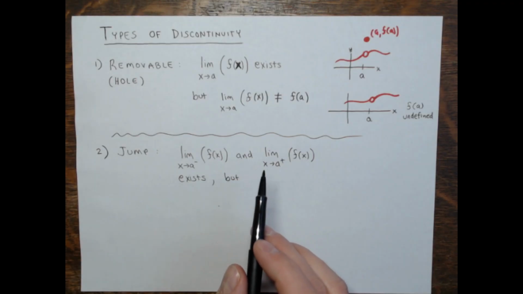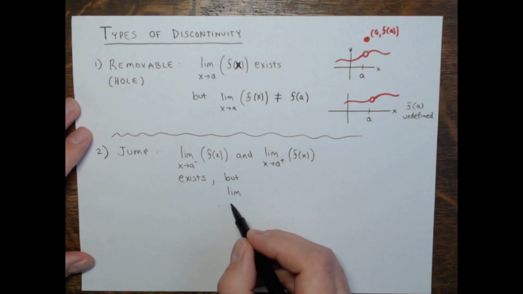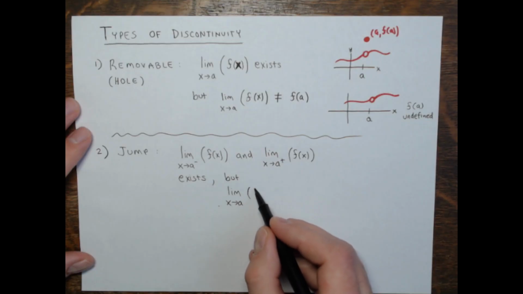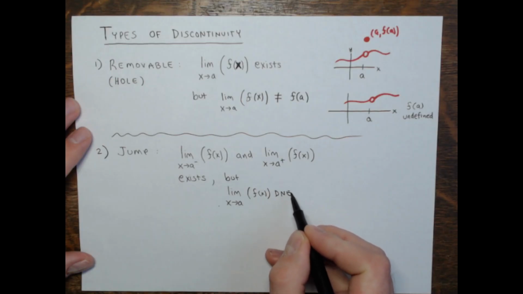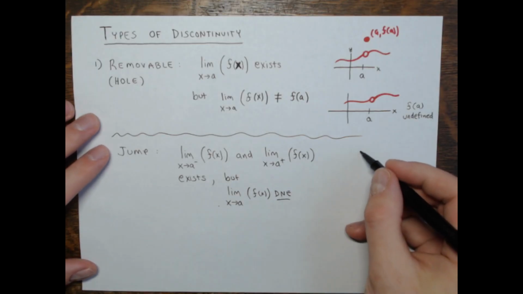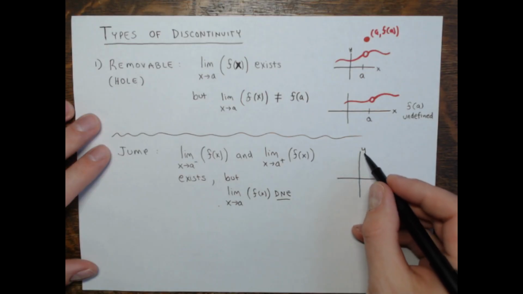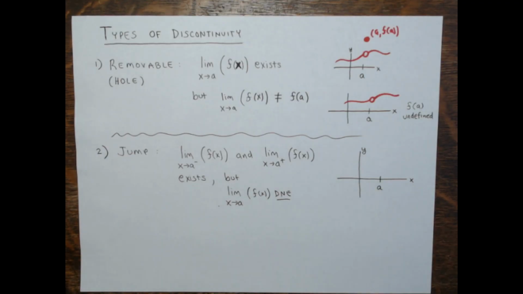So the two-sided limit would not exist. Remember, DNE for does not exist. So again, they're not equal. So graphically speaking, you're going to see a jump discontinuity at x equals a when this happens.